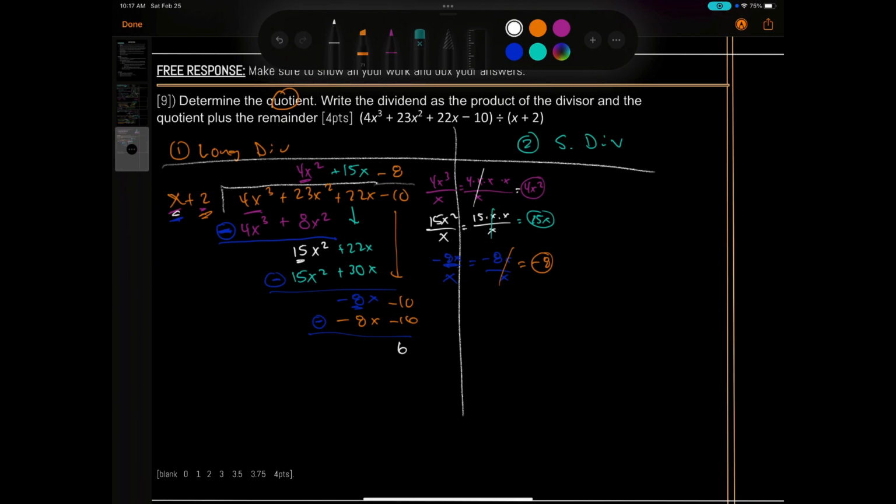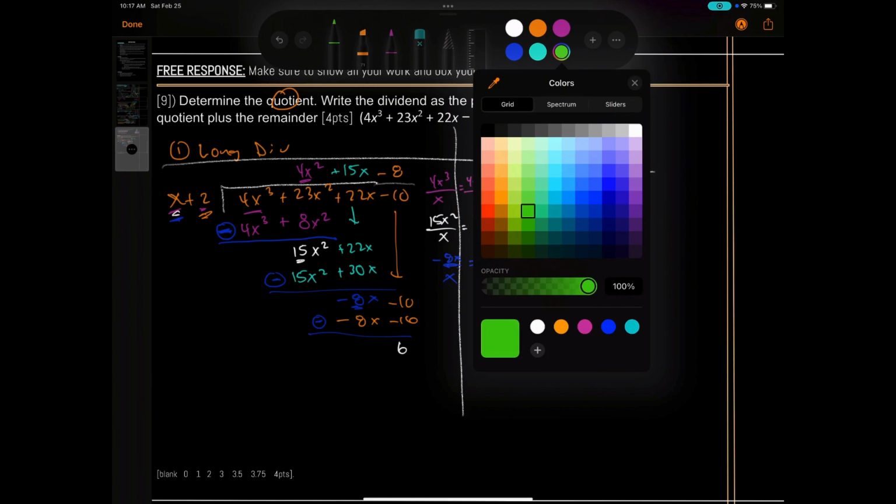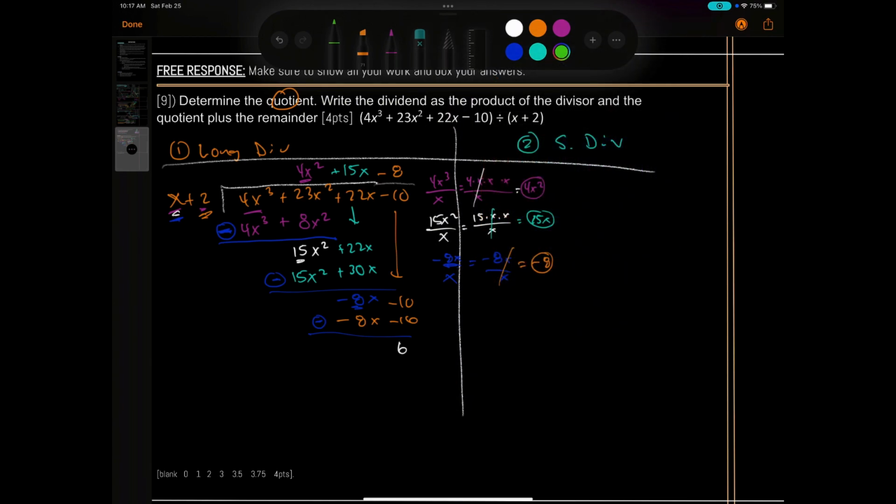Okay, now let's go ahead and do this with synthetic division. I'm going to set this one equal to 0. So I'm turning a factor into a 0. Subtract 2, x is equal to negative 2. That's what goes here on my outside.